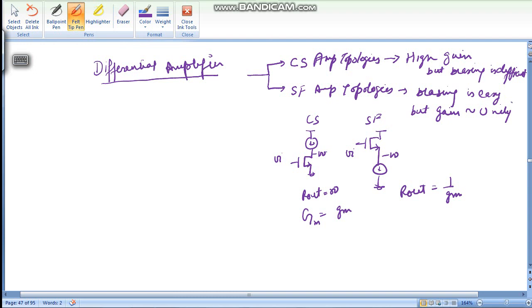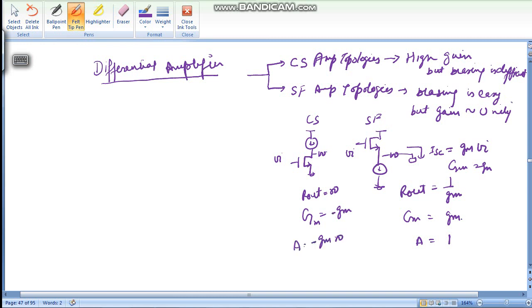Here you need to find out GM. How you will find out GM? Here you need to short and find out ISC. ISC equals to GM VI. So here gain is 1. Here gain is GM RO, so here GM is minus GM.